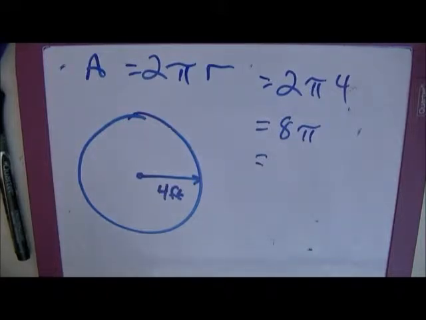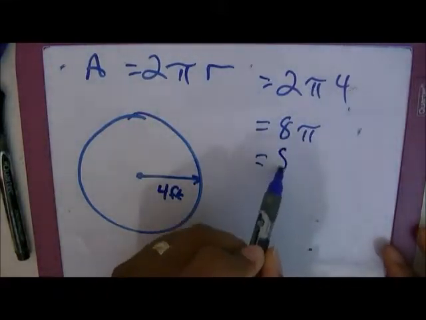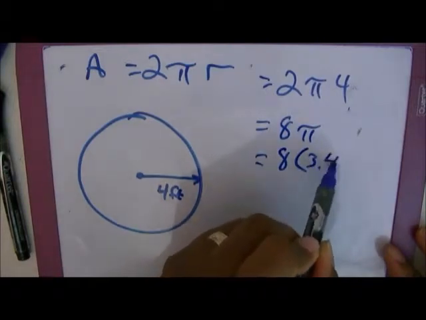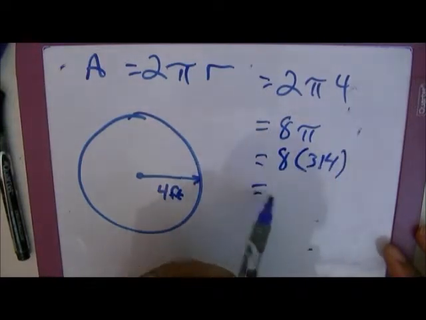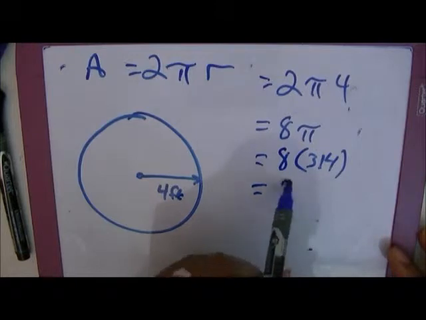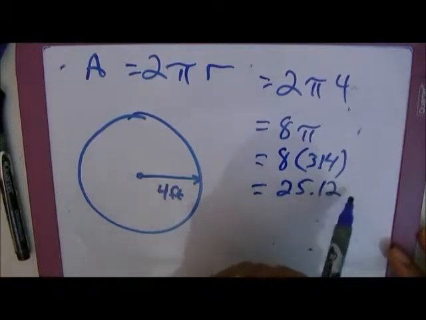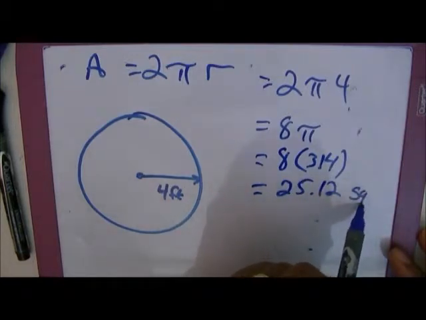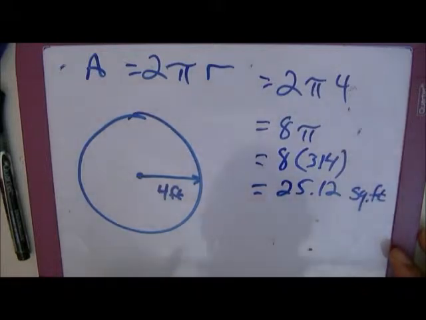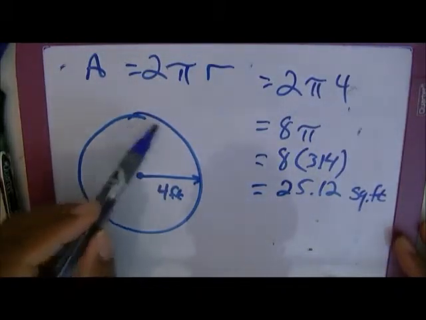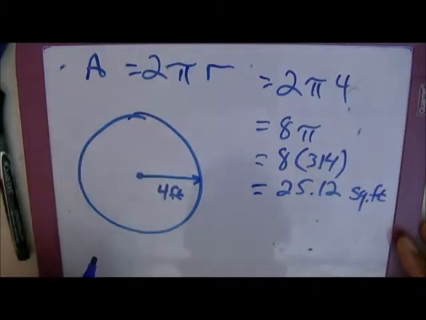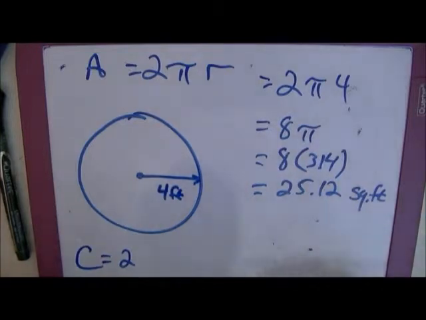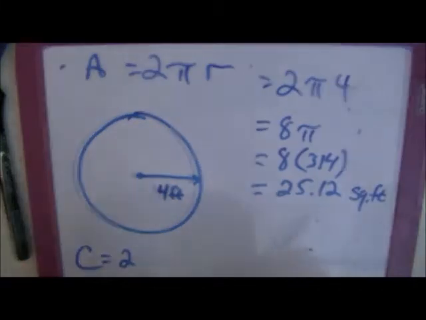We're going to use 3.14 for pi. And that's going to equal 25.12 square feet. Now the perimeter on a circle is also known as the circumference. And the circumference is equal to 2. Oh, screwed that up, didn't I? Alright, let's try this again.